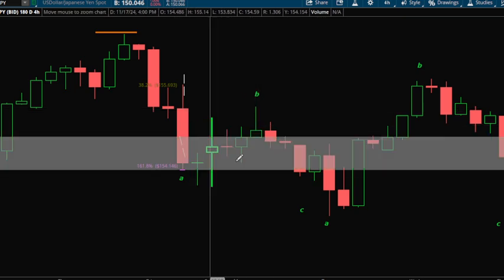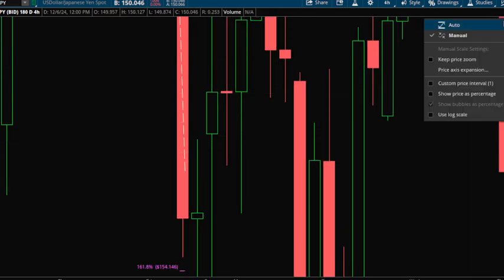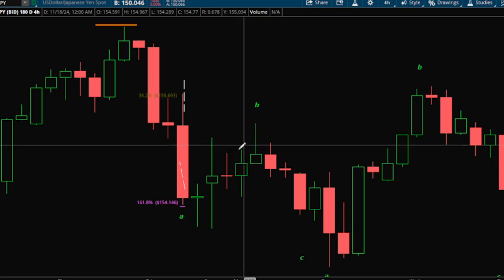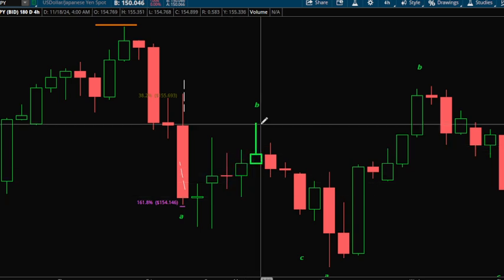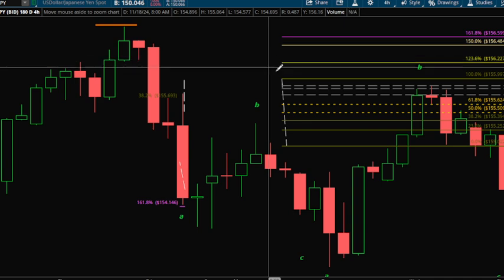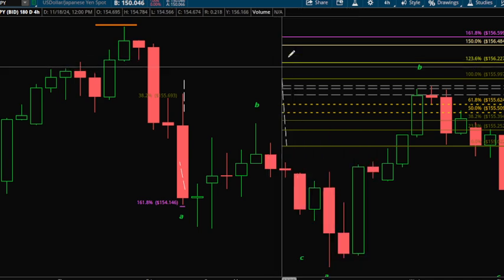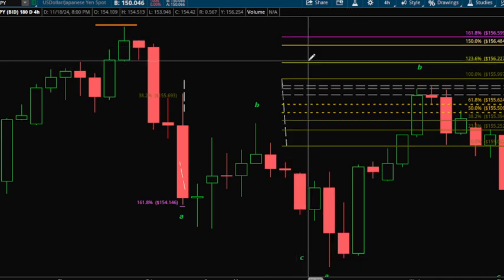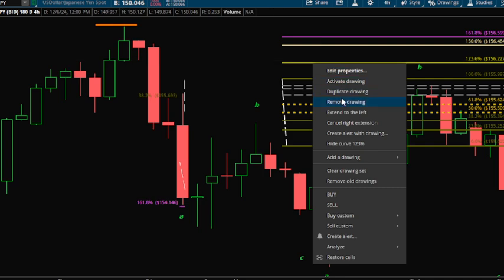You would have been able to see that expanding flat, and you would have been able to see the pullback, and you would have got the B. All right, because now like I said, a lot of my fibs, these are the first three that I look for: the 161, the 50, and the 123.6. Okay.